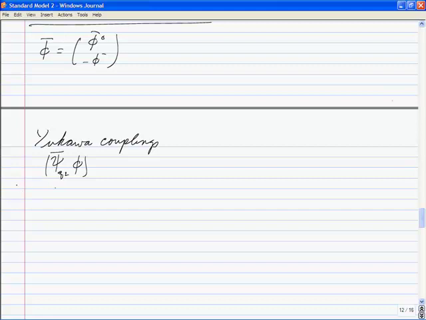The hypercharge assignments here, this one had minus 2/3. That was the hypercharge assignment that we wrote down. The Higgs, we gave a hypercharge of +1. So if we can add something over here that has minus 1/3, then that will be hypercharge neutral.